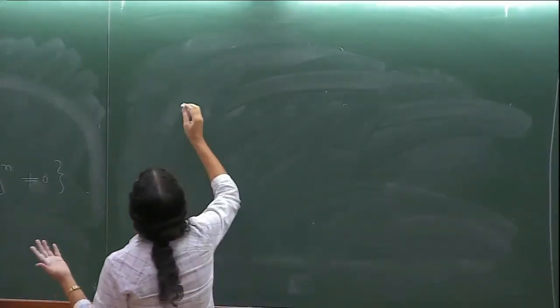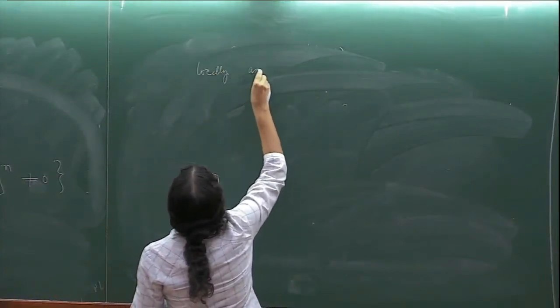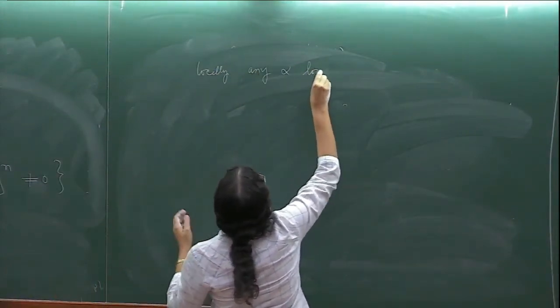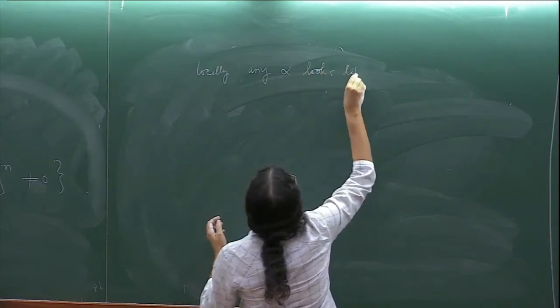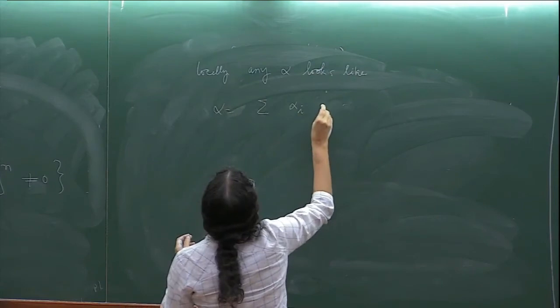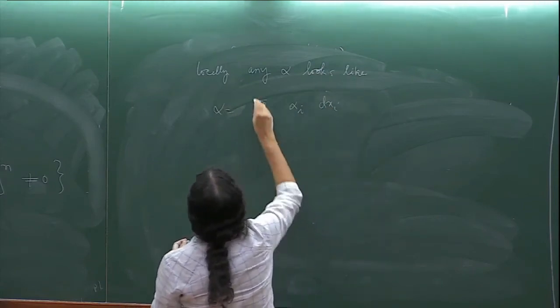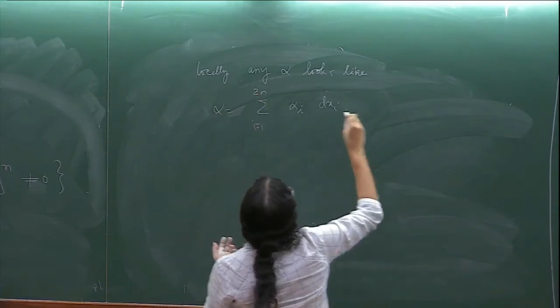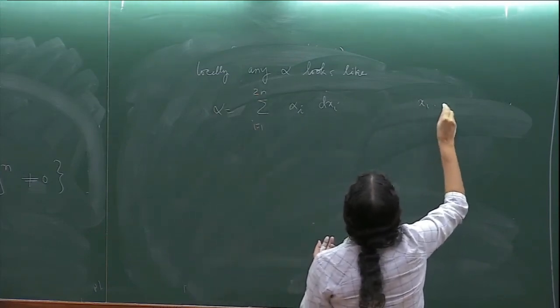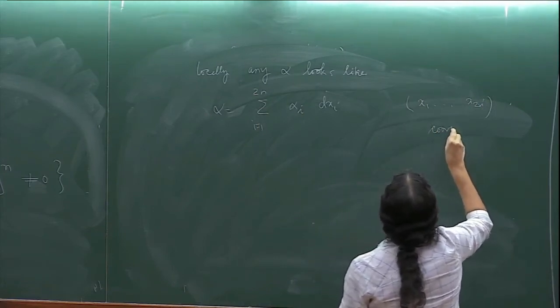Okay, let us work locally. So locally, any alpha looks like alpha equals summation alpha_i dx_i, i equal to 1 to 2n, where x1, x2, up to x2n is the coordinate system.